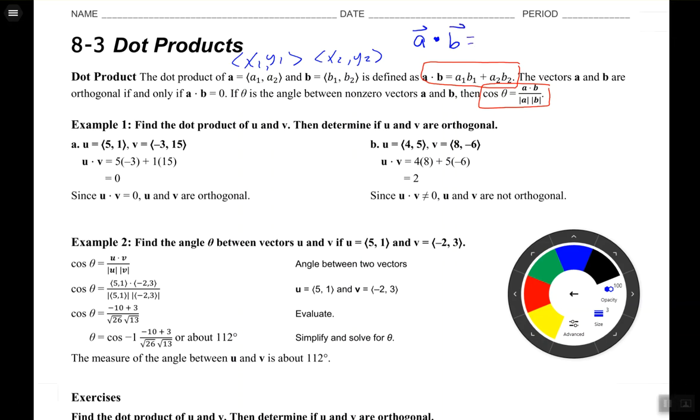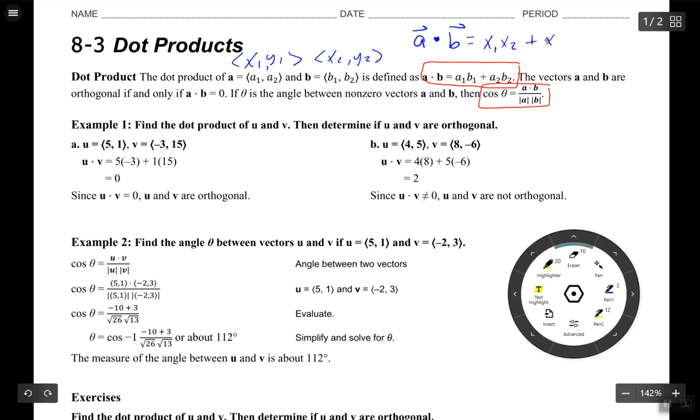What you do is you multiply the x's. So it's x1 times x2, and then it's added to y1 times y2. That makes it a little easier for y'all. You don't have to learn some new notation.